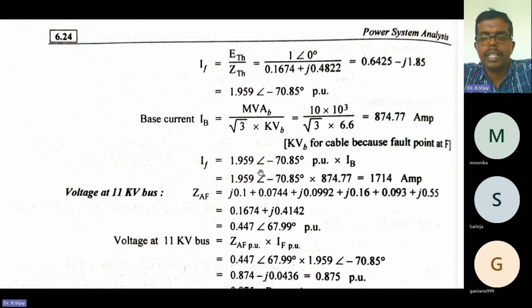Next, how to calculate the fault current? Here 1.959 comes from the fault current IF into the base current. Whatever base current we calculated, you need to substitute over here. So 1.959 at the angle of minus 70.85 into 874.77.